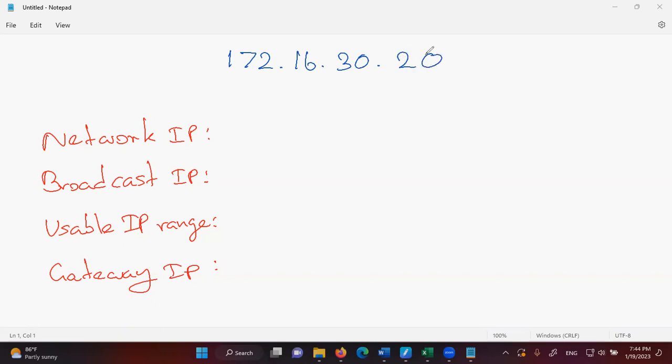Right. This is an IP address. So please tell me what should be the network IP of this one. Make a network IP mark line. Everyone, please try to reply if you understood.